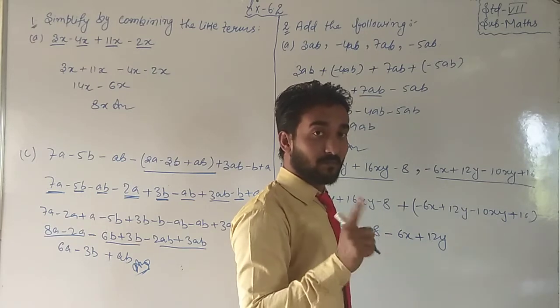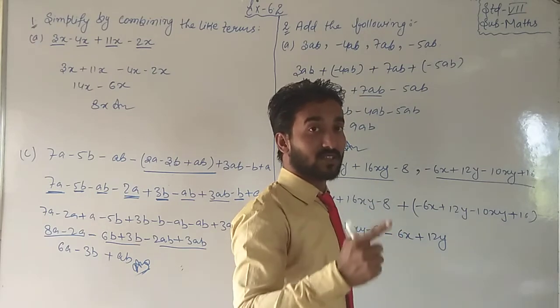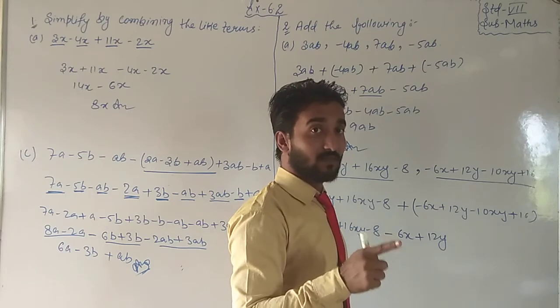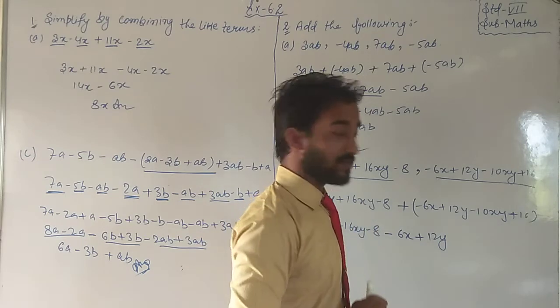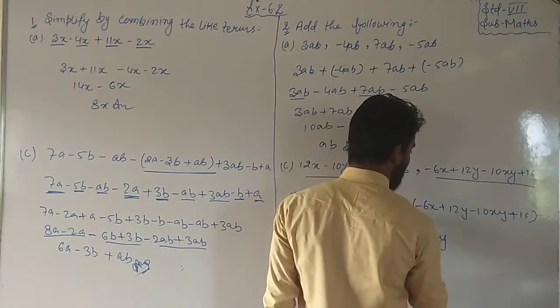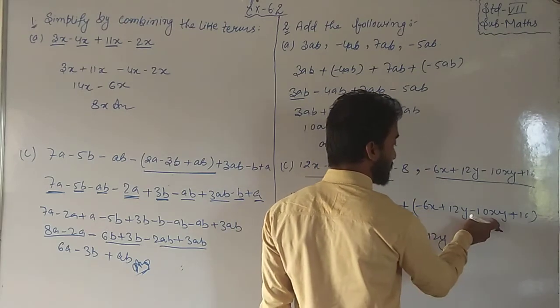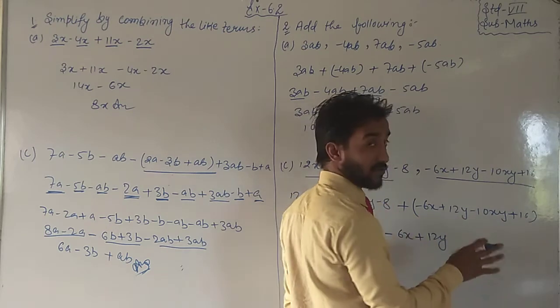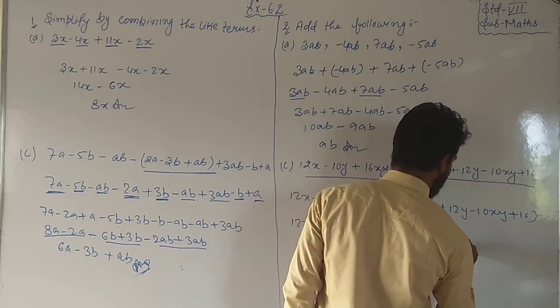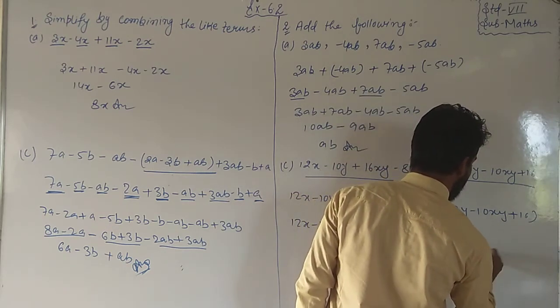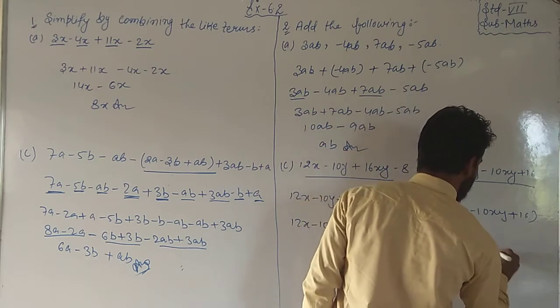Negative into negative is positive. But positive into negative is negative, or negative into positive is negative. So be careful students. Plus times minus is minus. See, both are different signs. Here plus is there and here minus is there. So it is unequal. That's why the symbol will be minus 10xy, plus times plus 16.